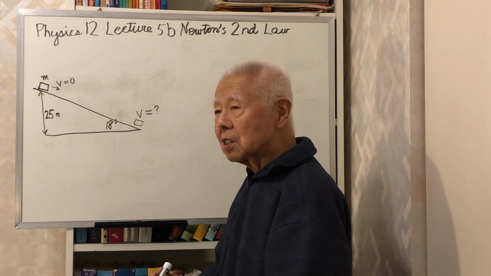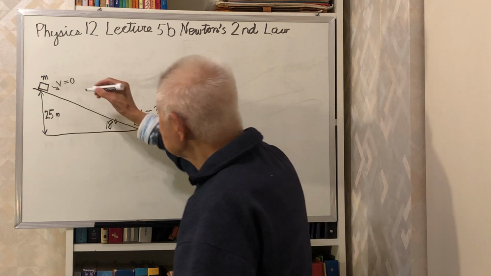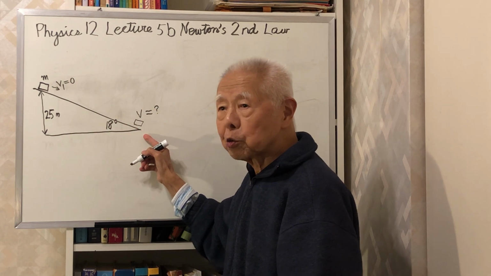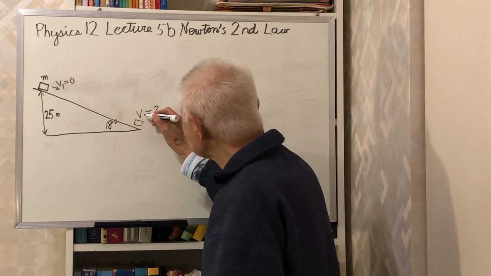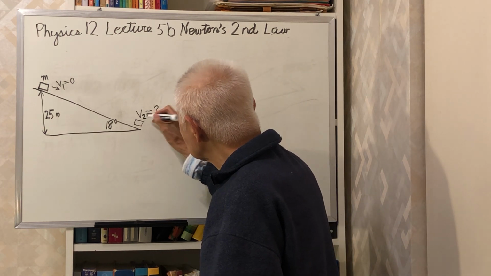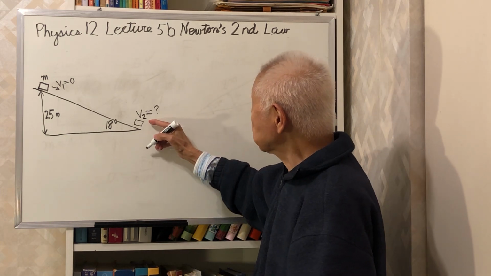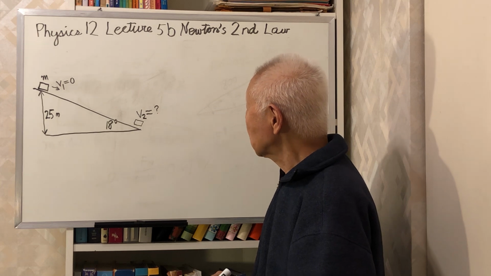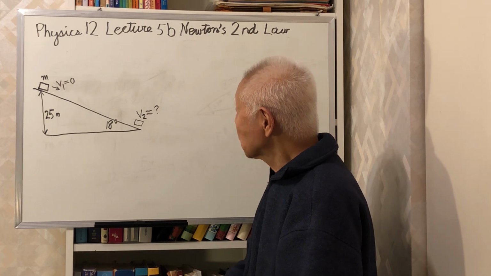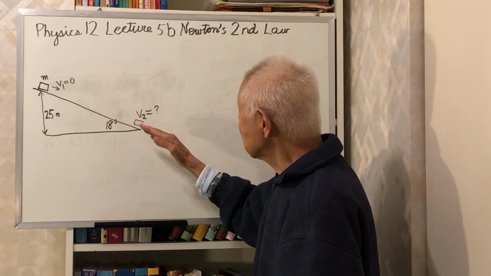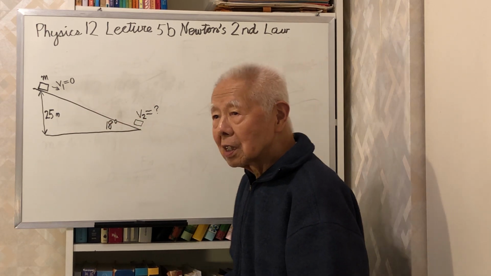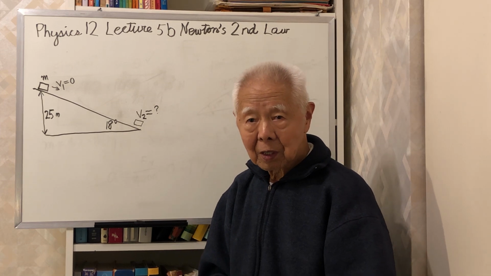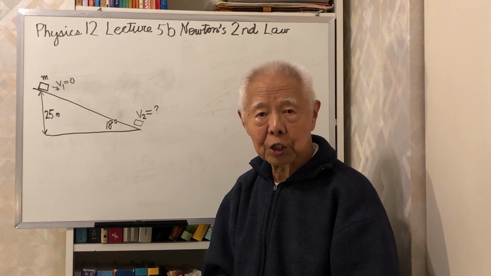Let's call the initial velocity v1. Then at this point we can call it v2. So I want to find what v2 is. For this part, I need kinematics, the equations of motion.